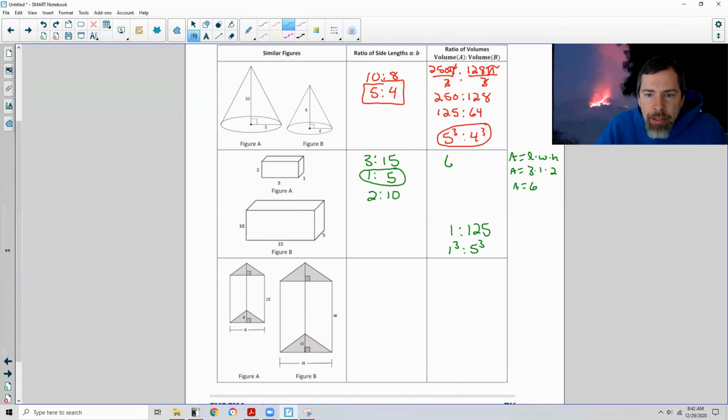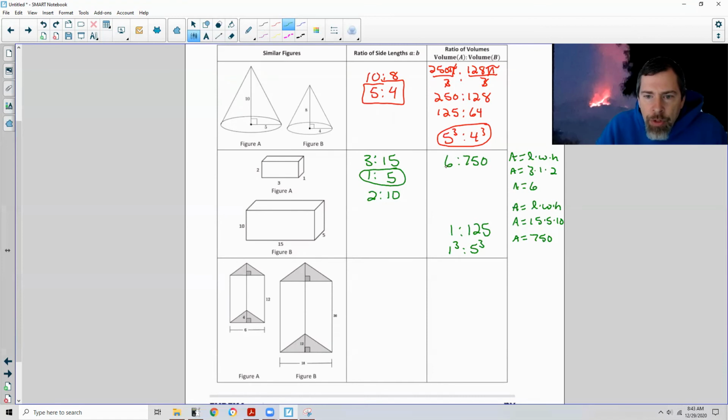So I get 6. And then the area of the other one is L times W times H again. And the area is 15 times 5 times 10. So 5 times 5 is 25. 15 times 5 is 75. Times 10 is 750. So 6 is to 750.